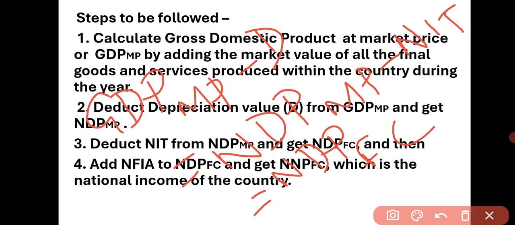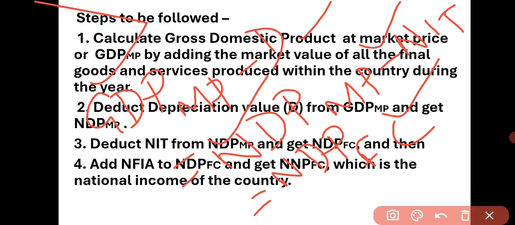You see, by adding the market value of all the final goods and services, we get GDPMP. After deducting depreciation from GDPMP, we get NDPMP. After deducting NIT, that is indirect tax minus subsidy, from NDPMP, we get NDPFC.